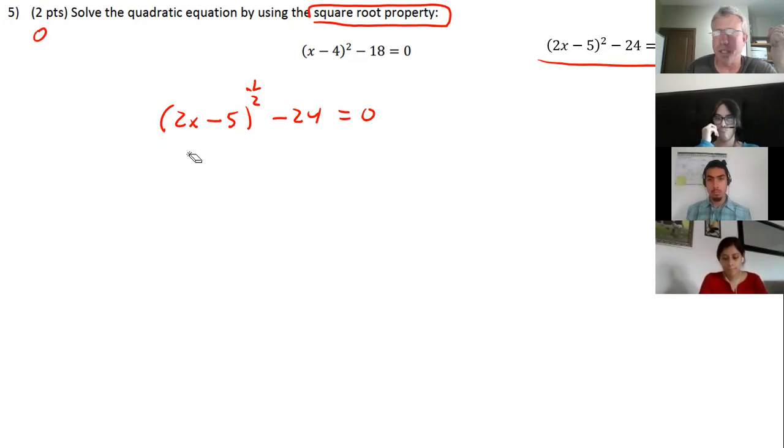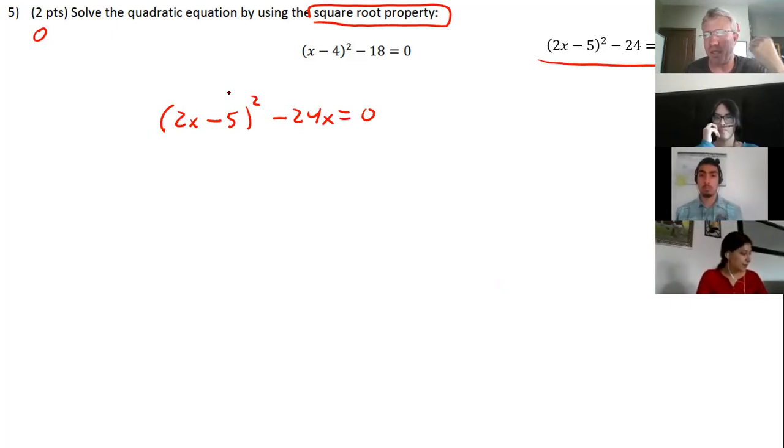In fact, I would be working harder than I needed to by multiplying that out. If there was another x floating around someplace, I would not be able to use the square root property. And in fact, I would need to multiply this all out and combine like terms and then use some other technique: factor by grouping, complete the square, quadratic formula.